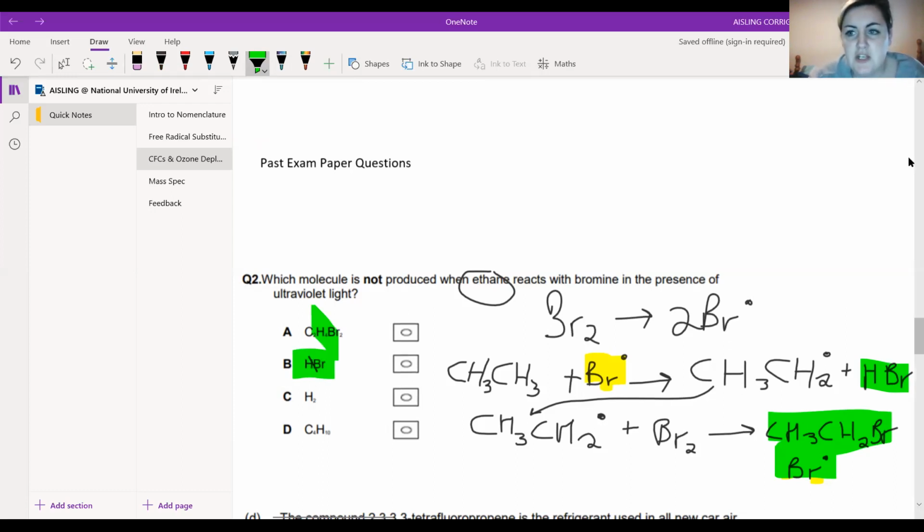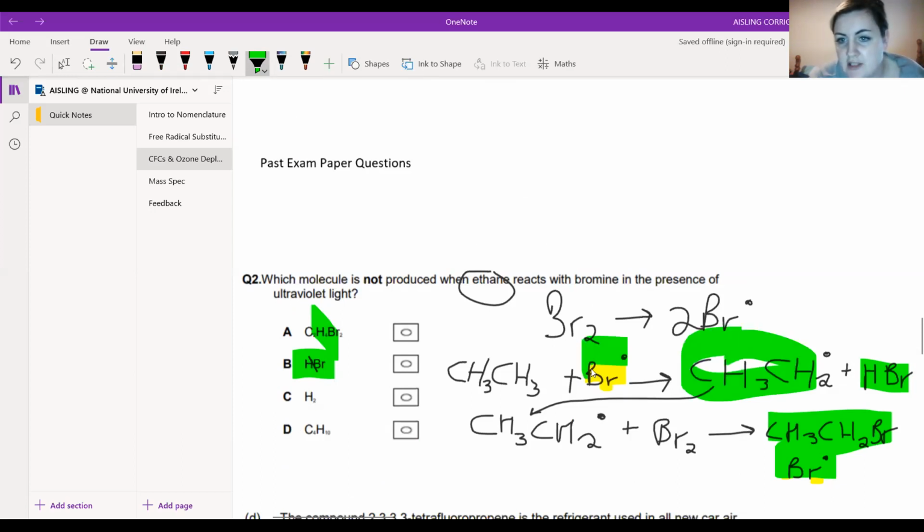So in termination, we know that we always produce two radicals. So in this case, we've got this radical here and this radical here. If I form two of these ethyl radicals, I'm going to make butane.